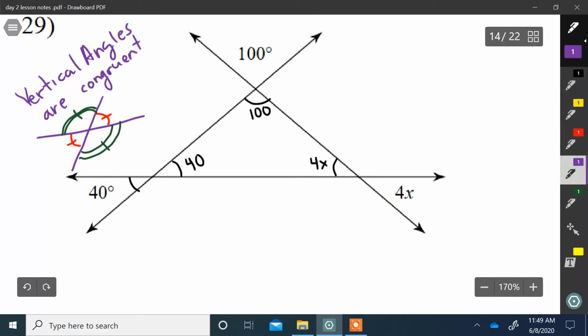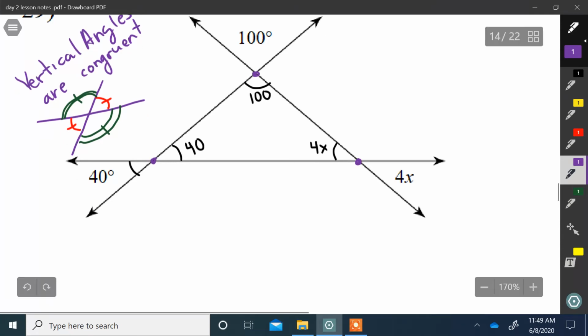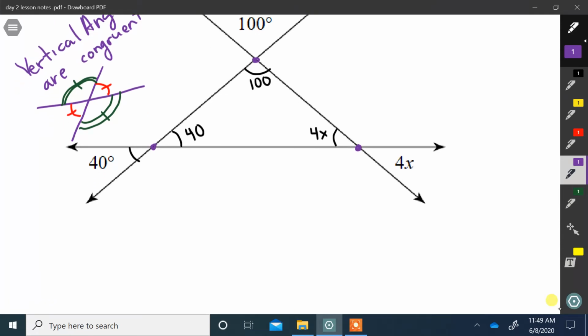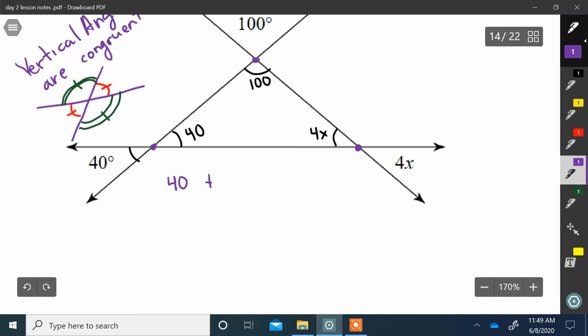So as you can see, we have a triangle right here. All of those are going to add up to 180 degrees. So 40 plus 100 plus 4x is equal to 180 degrees.